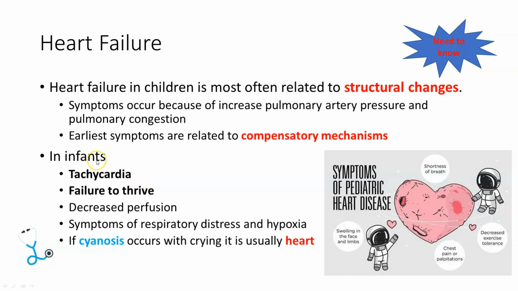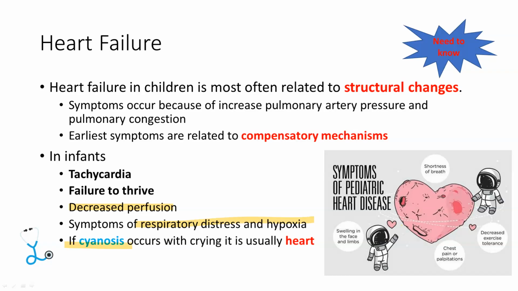In infants, notice not children, we say tachycardia and then we say failure to thrive. And that could be worded any number of ways: failure to latch on, failure to eat, they're not making wet diapers, whatever information NCLEX is giving us about decreased perfusion. Right? Symptoms of respiratory distress and hypoxia because of the bad pump.